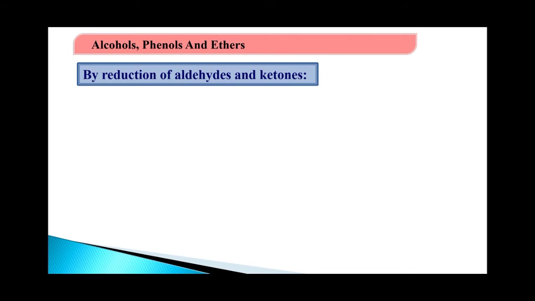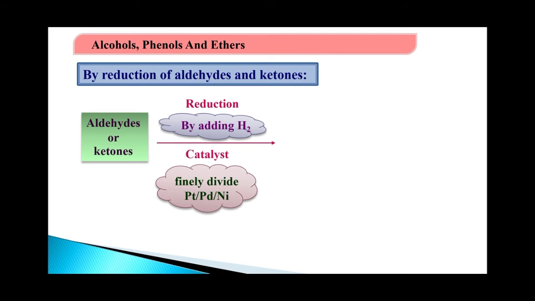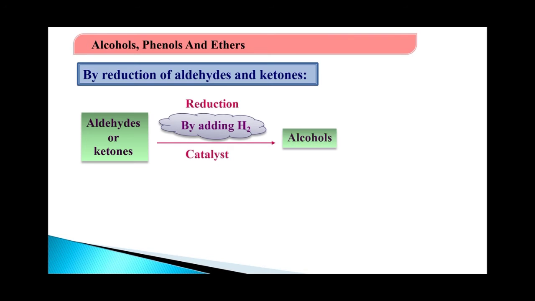Aldehydes and ketones on reduction. What do you mean by reduction? Addition of H2. So on reduction in the presence of a catalyst like finely divided platinum, palladium or nickel, that means d-block elements, which we take mainly because they have good catalytic nature, we are going to get the alcohol.